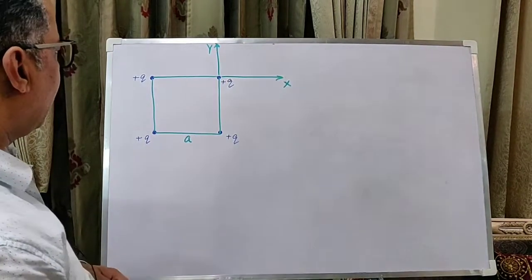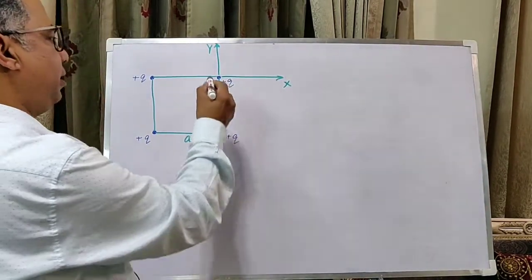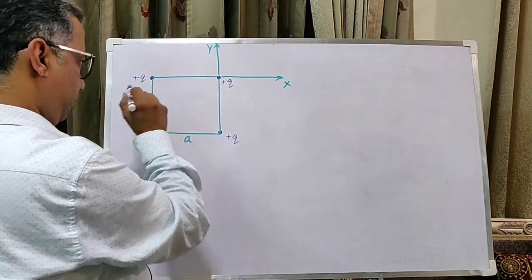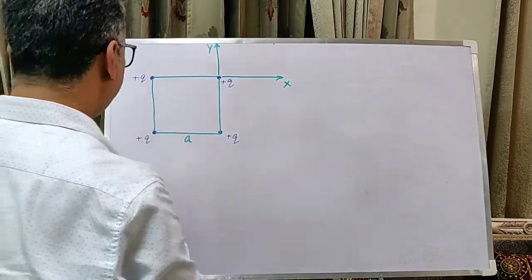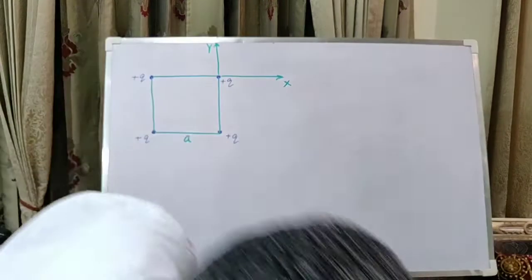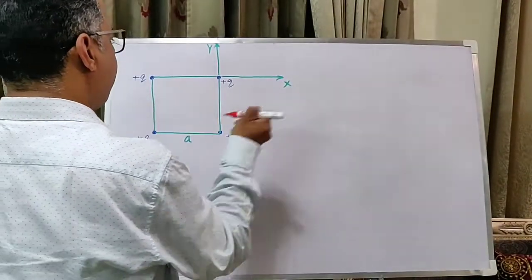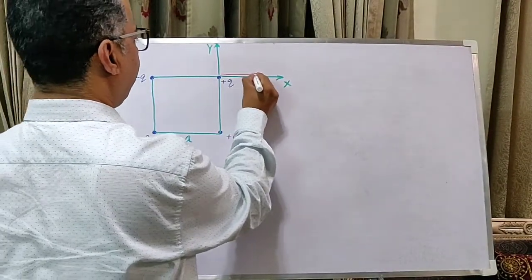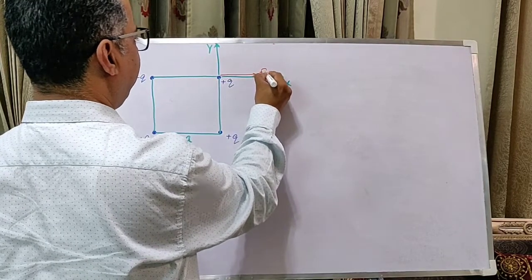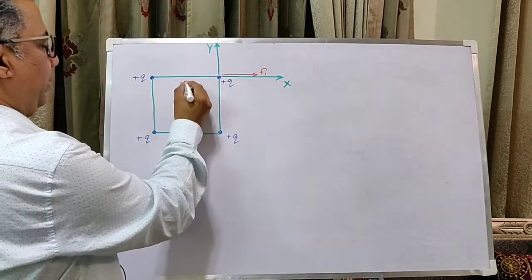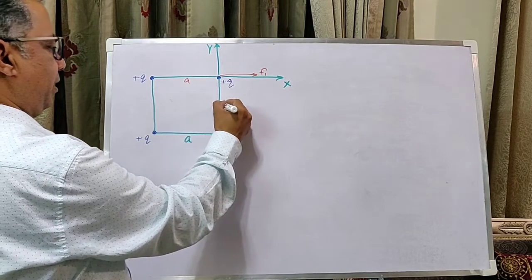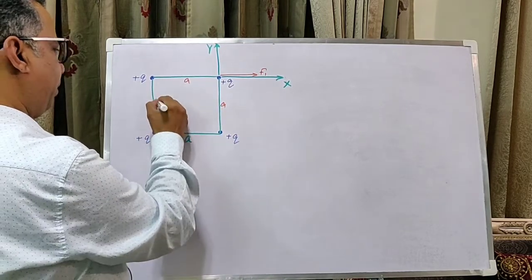Now the force on this particle due to this particle plus q, let's say that force is F1. This distance here is a, this is a, this is a, this is a.